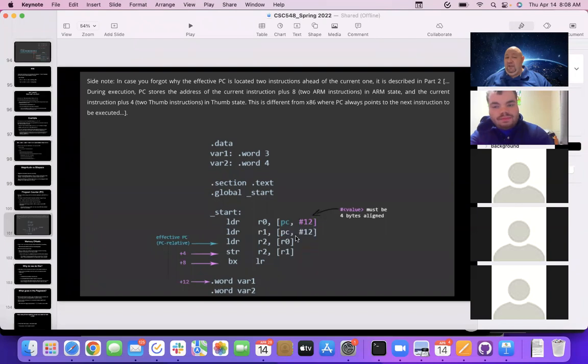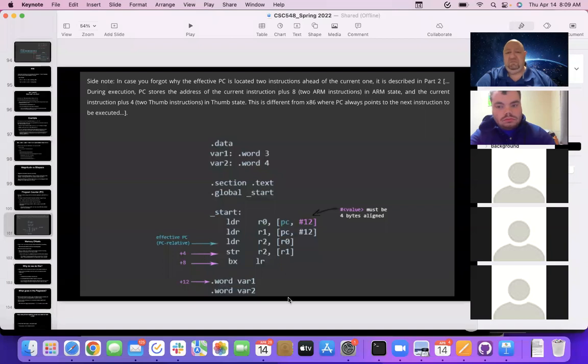Give us the value that lives here and load it into R1. From R2, load whatever's in R0. And then we're going to store whatever's in R2 into the memory at the address in R1. So R1 holds the memory address. We're going to actually go to real system memory and store the R2 there.